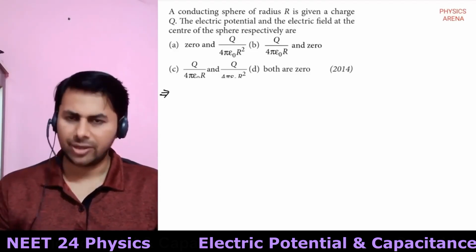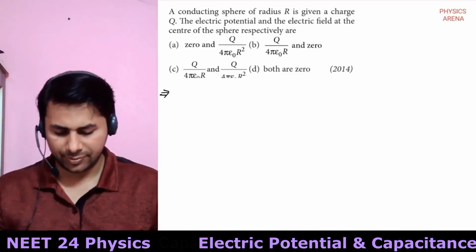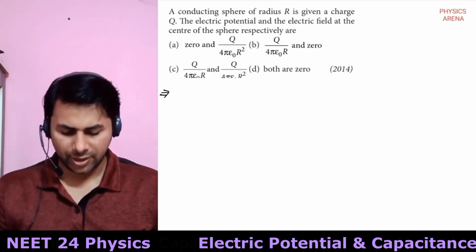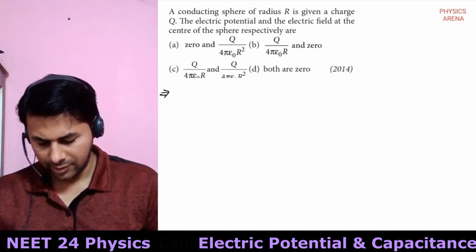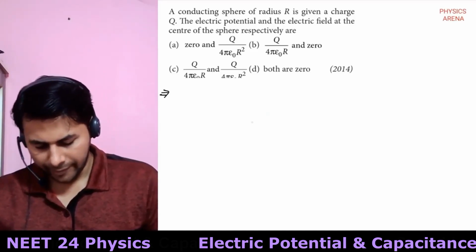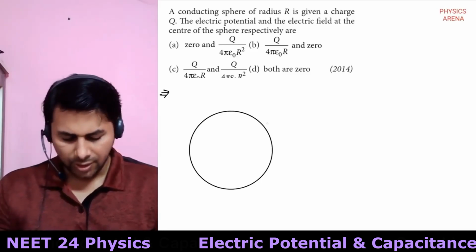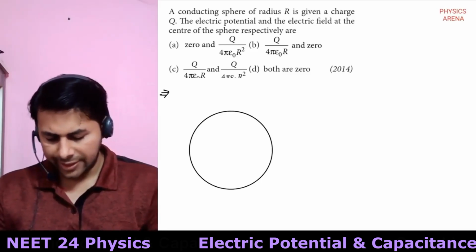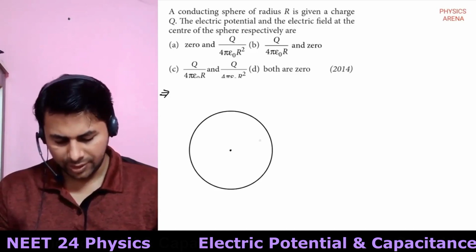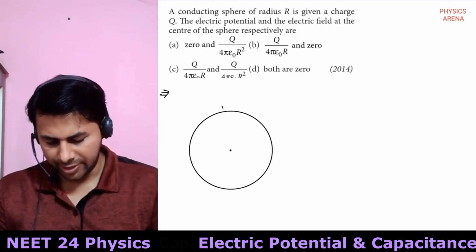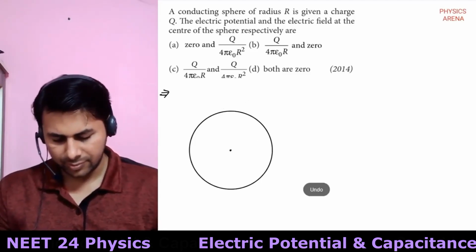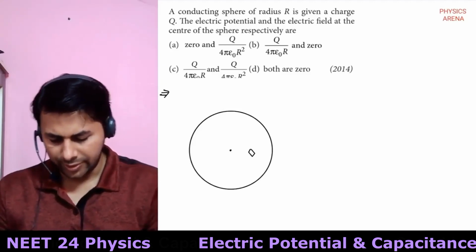You have a conducting sphere of radius r. All right, so you can think of it in this way. How much is the electric field inside this conducting sphere? It is 0.